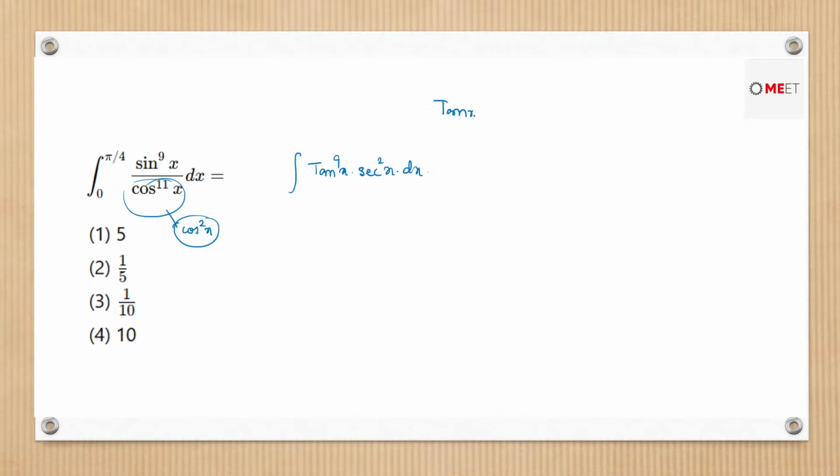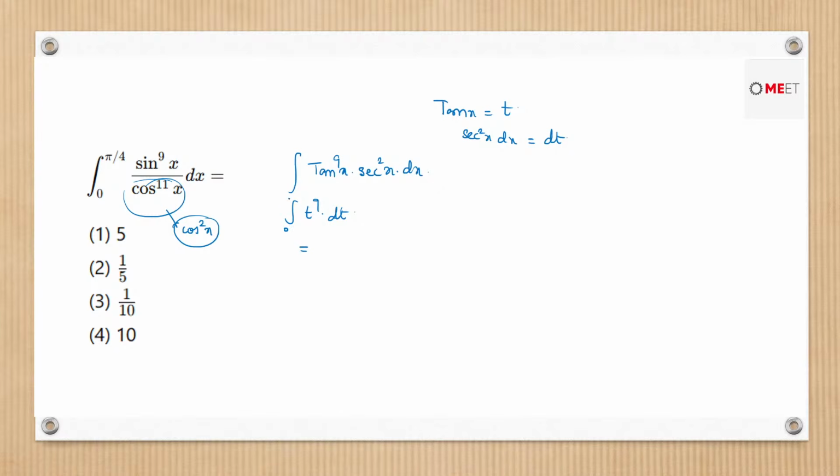So tan x is equal to t. If we assign this, differentiation gives secant square x dx equal to dt. So this is t power 9 into dt.